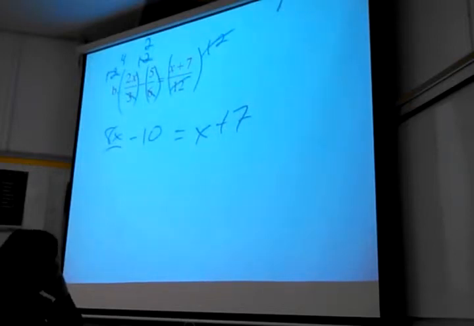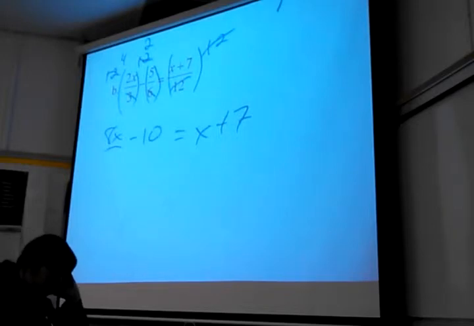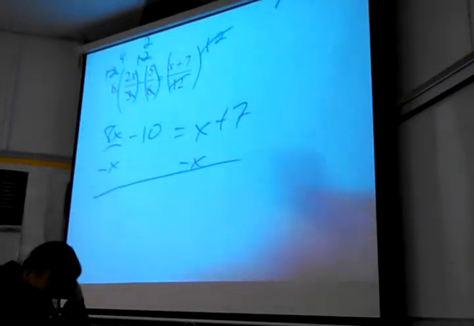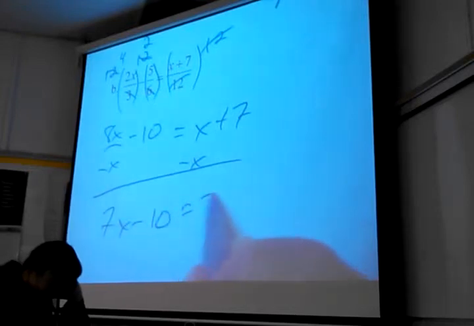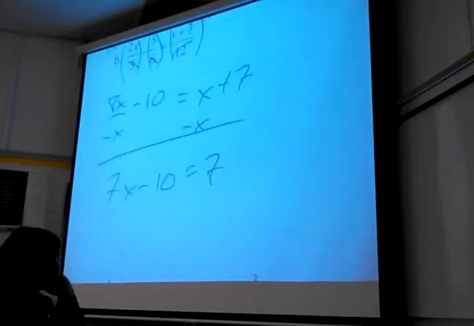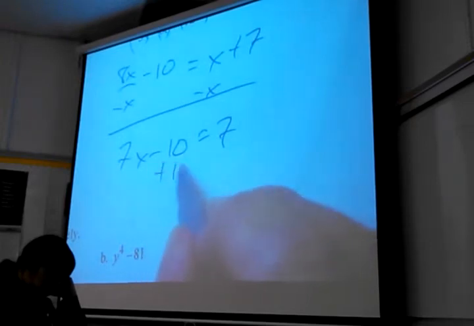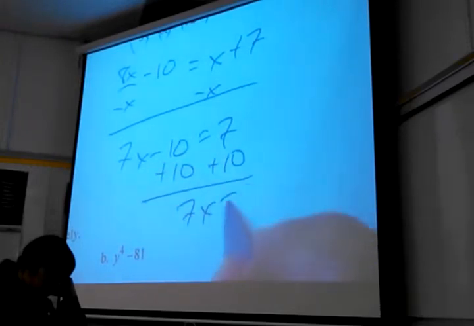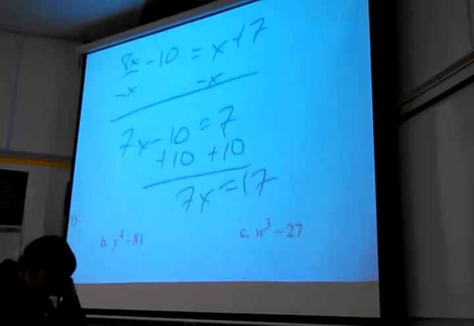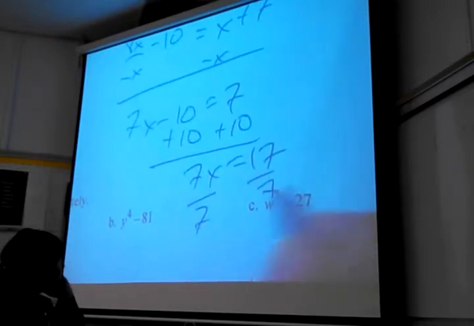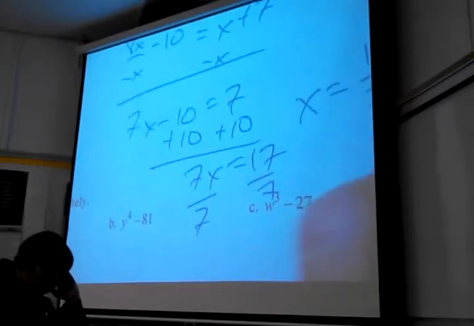And now that looks awesome. What do you do? Minus x. 8x minus x, 7x. Add 10. And then finally, divide by 7. x equals this beautiful thing there.